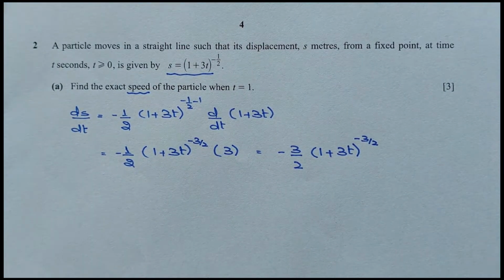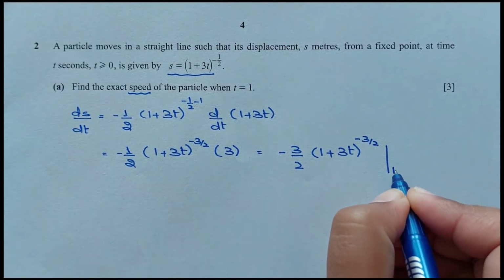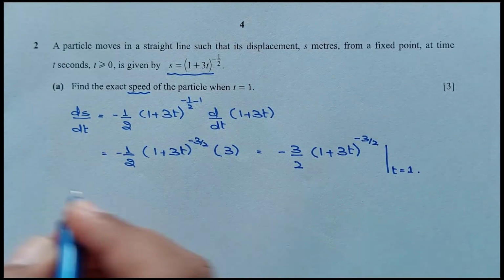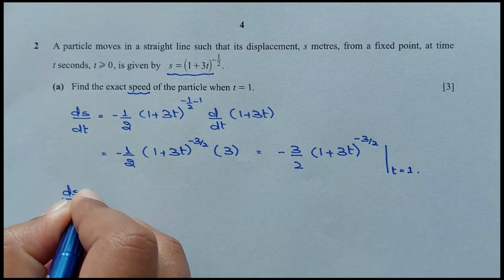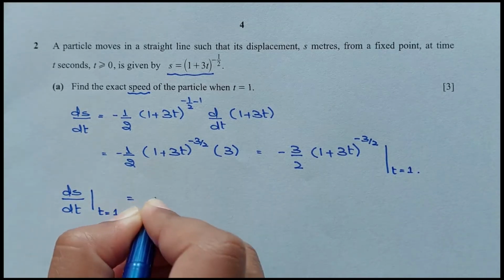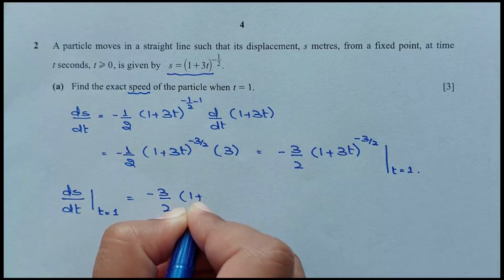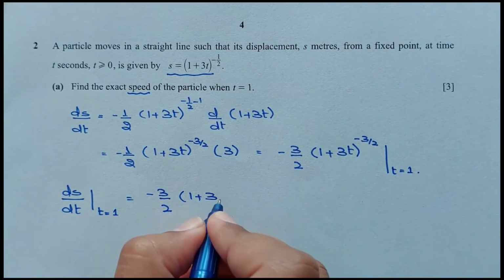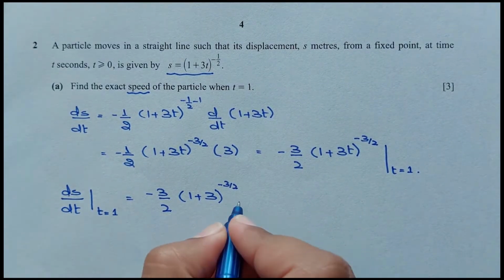Right, now we need to find the speed when time is 1. So at t equals 1, ds over dt at t equals 1 is minus 3 by 2, 1 plus 3 times 1 is 3, so 3 plus 1 is 4.